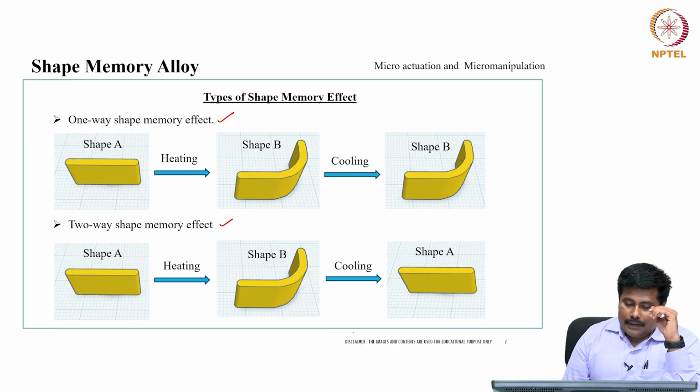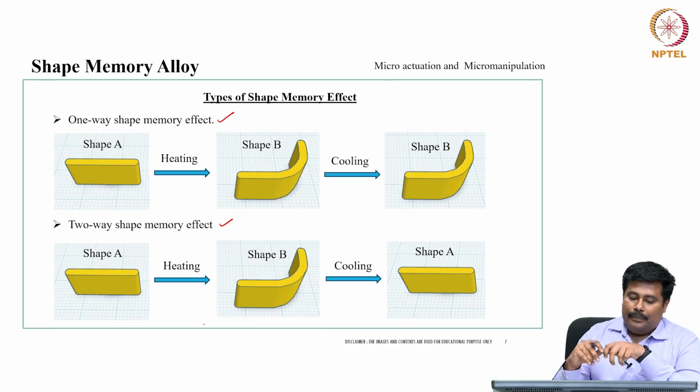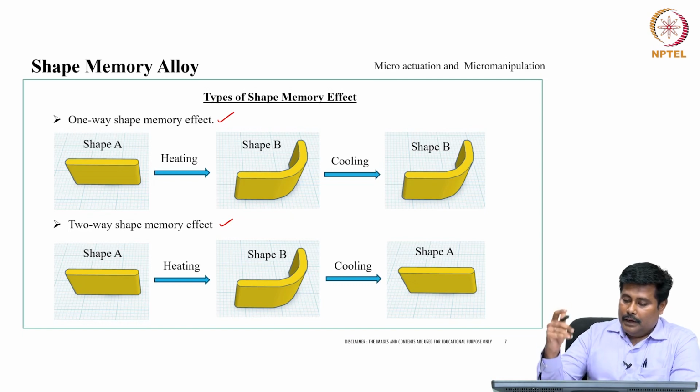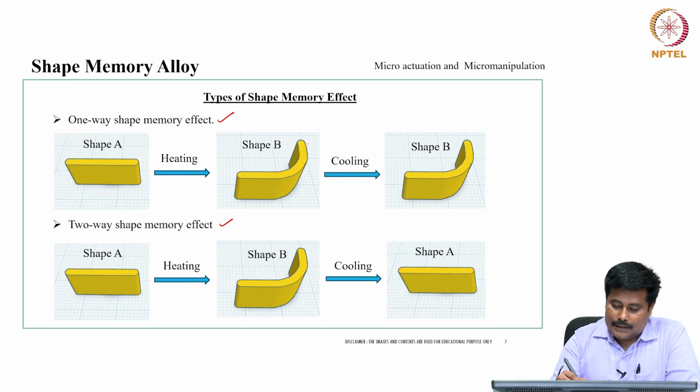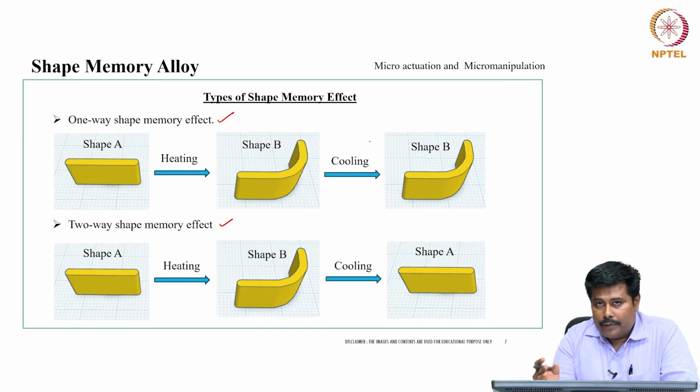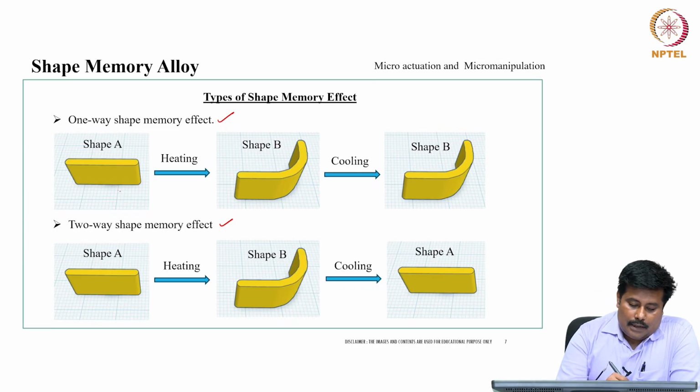In the case of a one-way shape memory effect, let us consider a shape A that is straight. When I supply heat to it, it takes a shape B. However, when I quench it, it will be in the same state, that is martensite.